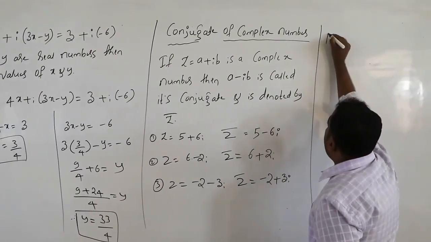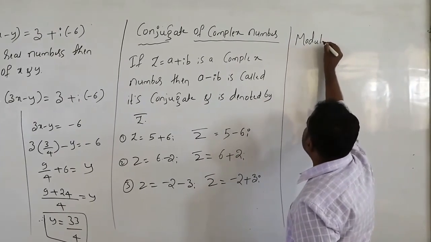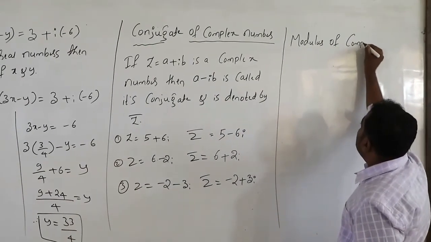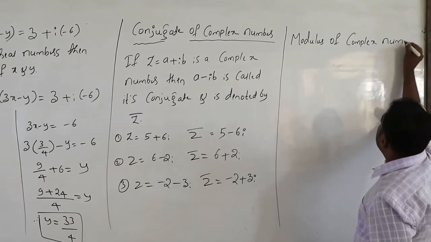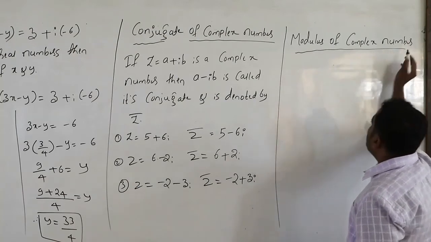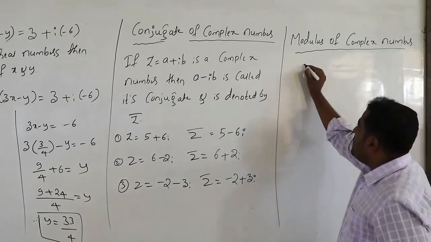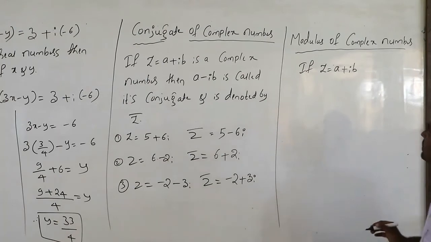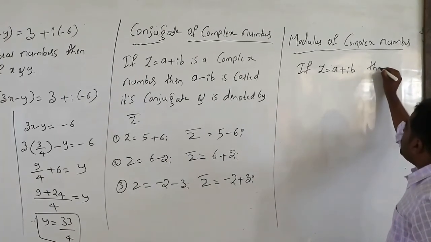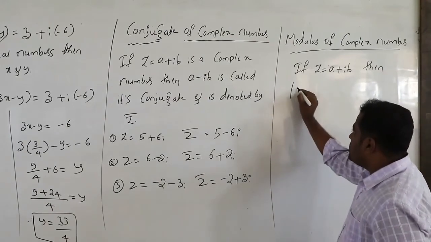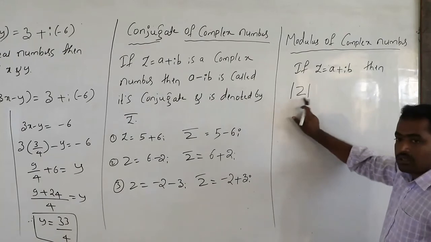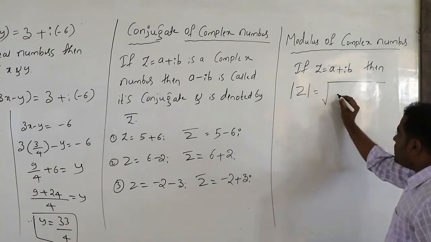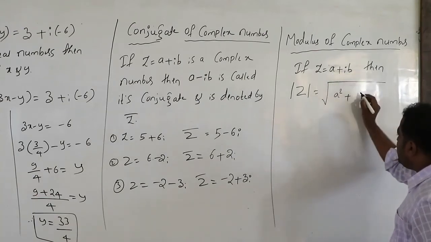Next one, modulus of complex number. If z equal to a plus ib, then modulus of z, that indicates modulus of z is equal to under root of real part square, nothing but a square, plus next b value square.